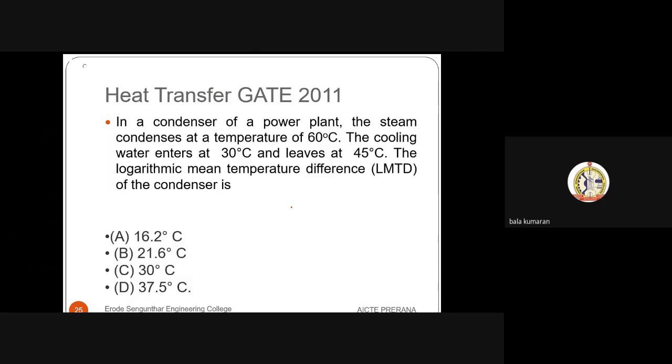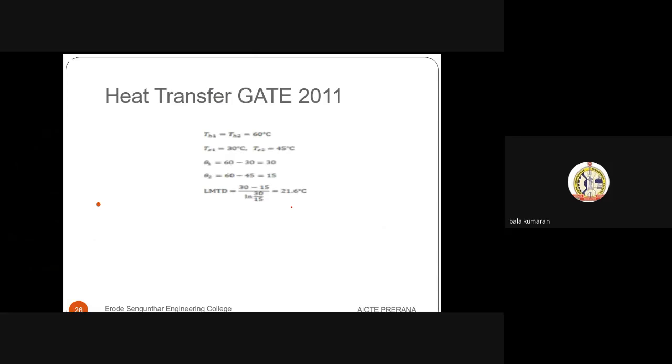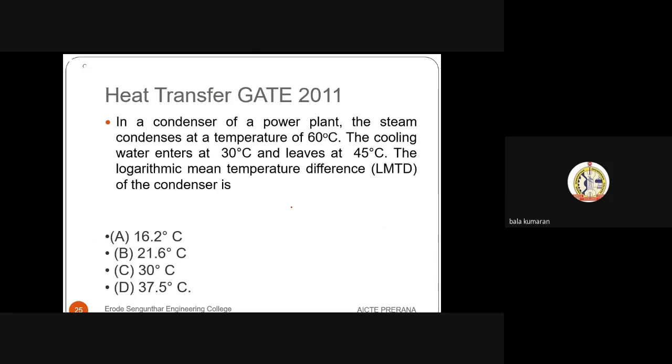The general formula for del Tm is capital T1 minus small t2 minus capital T2 minus small t1, divided by ln of T1 minus small t2 divided by T2 minus small t1. If you apply that, we can find the LMTD, but for that we should know 4 temperatures, and here they gave only 3 temperatures: 60, 30 and 45.